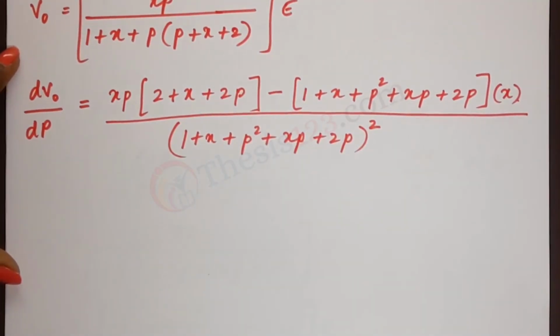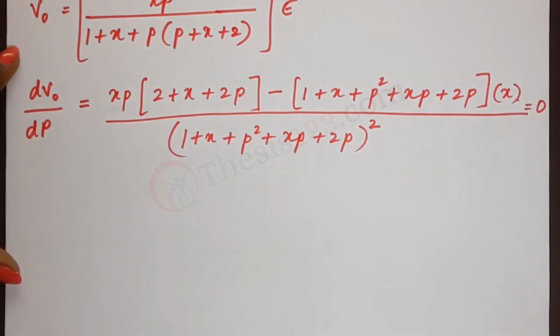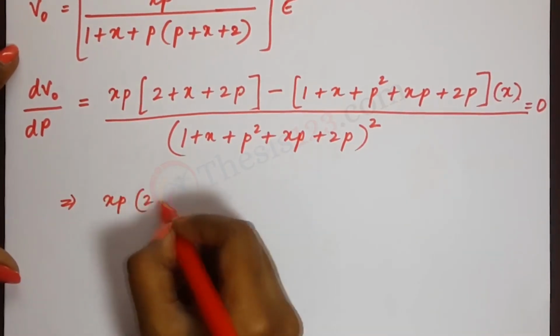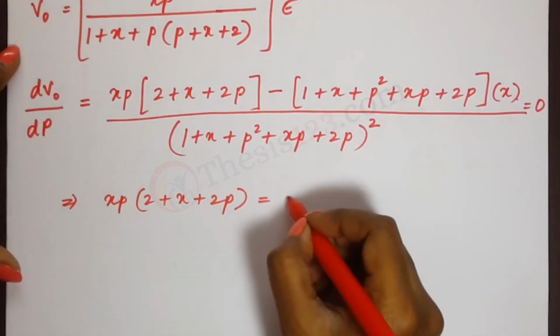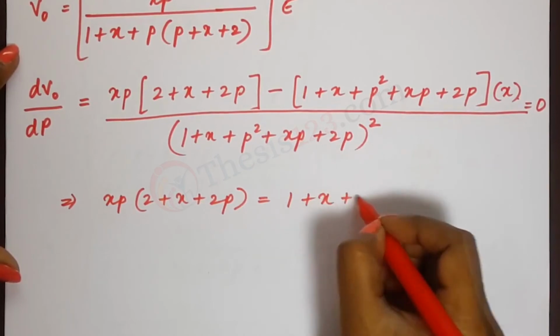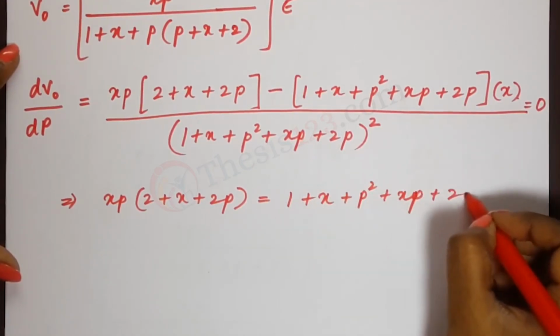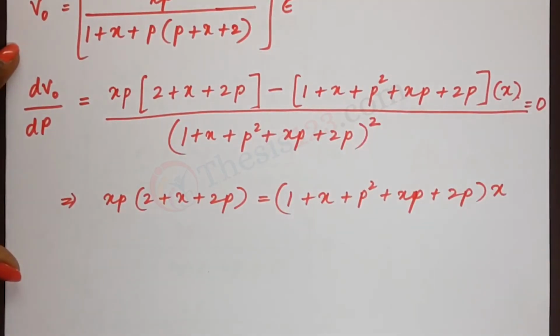Now since we have to equate this to 0, the denominator becomes 0 directly. Then all we have to do is equate the numerator. So the numerator now becomes XP into 2 plus X plus 2P is equal to 1 plus X plus P square plus XP plus 2P into X, taking that term to the other side.